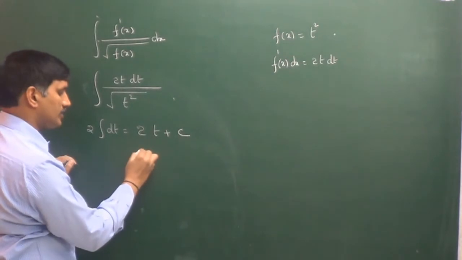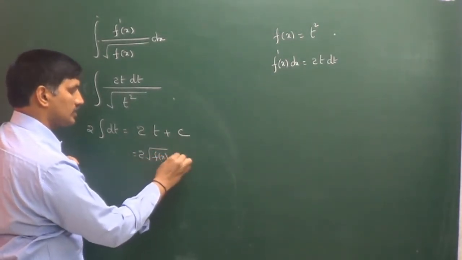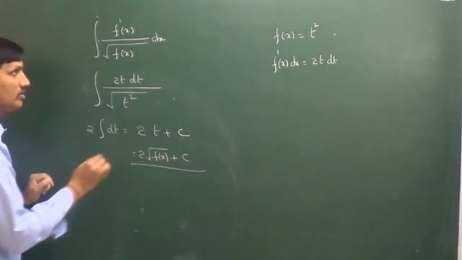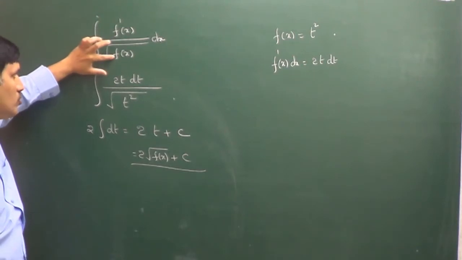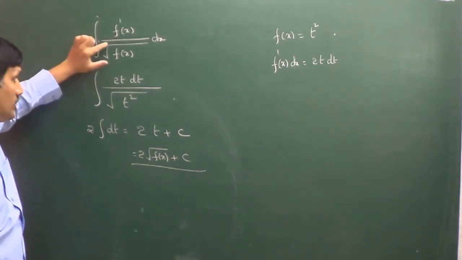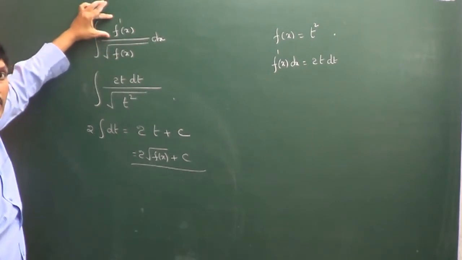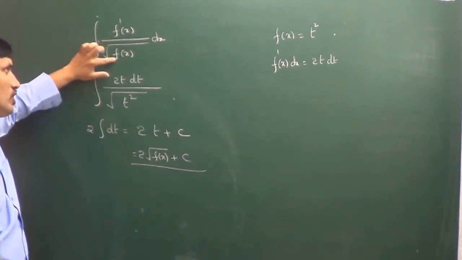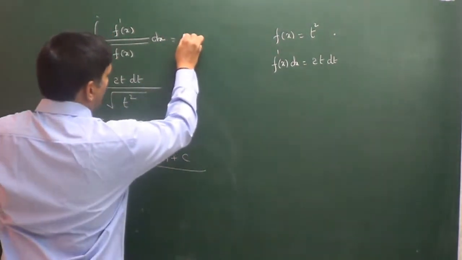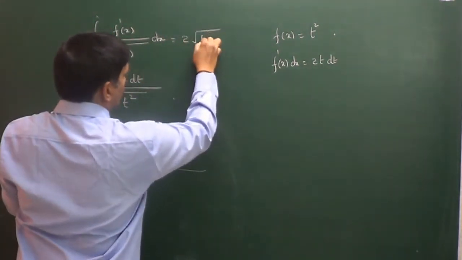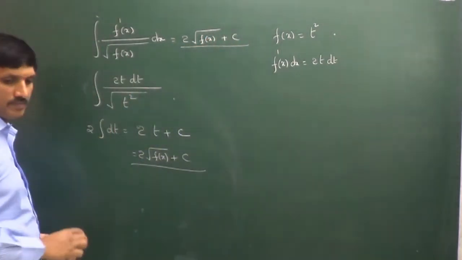T is nothing but root of f of x, plus the constant of integration. So what is the meaning of that? Inside the square root function, its differentiation is there in the numerator. We can write directly the answer as 2 into root of f of x plus the constant of integration.